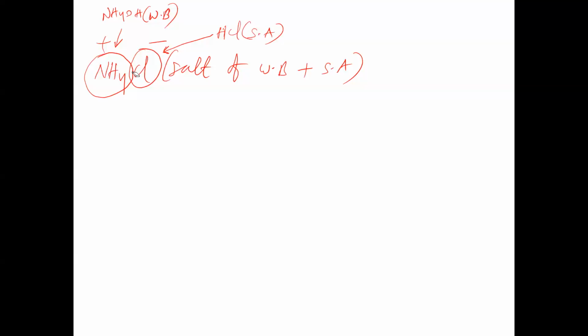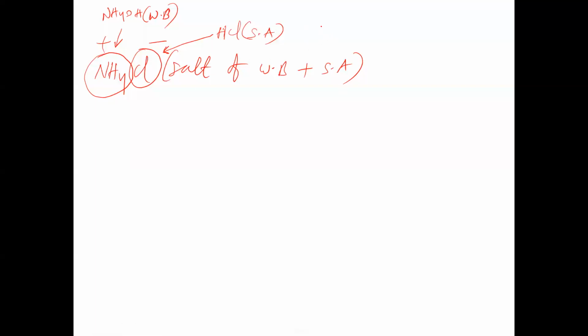In this salt, which ion is more reactive than which one? The cation is more reactive than the anion. The reason is the cation is coming from a weaker substance, but the anion is coming from a stronger substance. Therefore, Cl minus is less reactive, NH4 plus is more reactive here.